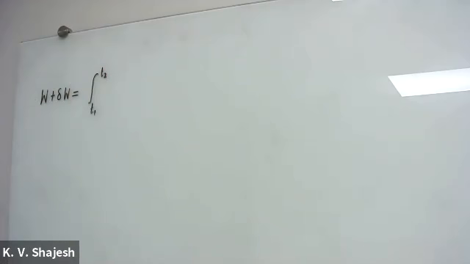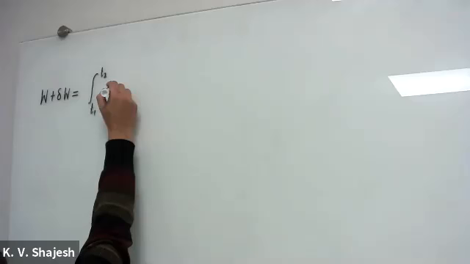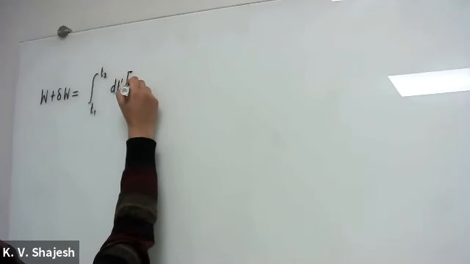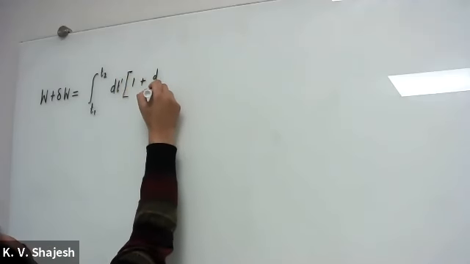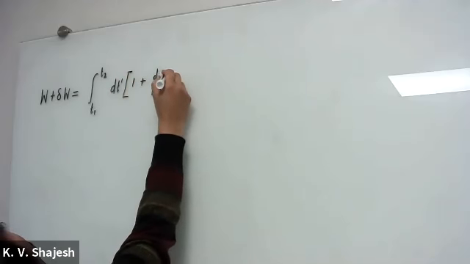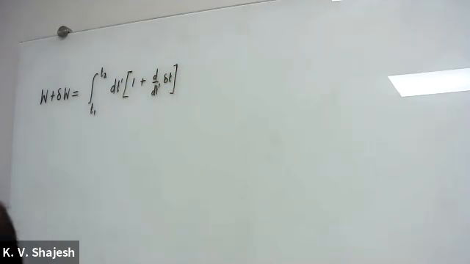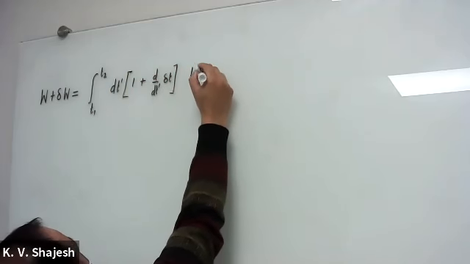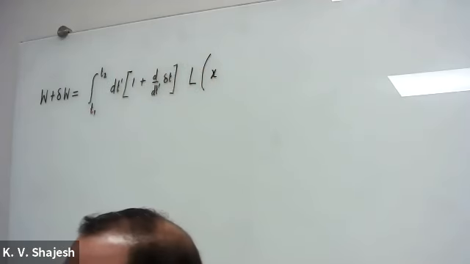That's the simplification. dt is in terms of dt prime. This is dt prime times 1 plus, and the Lagrangian now, which is a function of x plus dx.